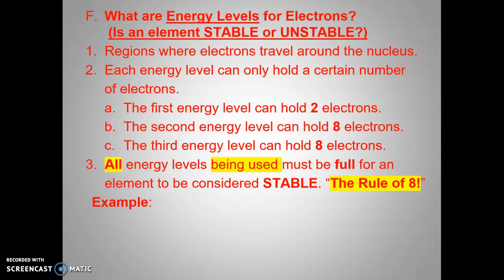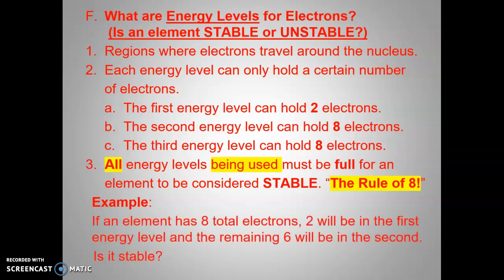And we call this, again, the rule of 8. The only time it doesn't apply is where you have elements like helium or hydrogen, where they have no more than 2 electrons. They're never going to need 8 to begin with. They only need upwards of 2 to fill that first ring. But for every other element, this rule of the 2-8-8 will apply.